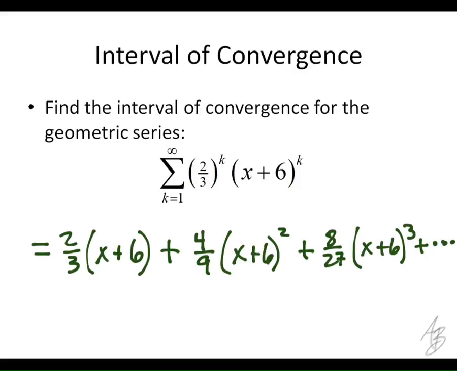Okay, so who can explain to me why this is a geometric series? So to go from one term to the next, you multiply by 2/3 times x plus 6. So to go from 2/3 times x plus 6 to 4/9 times x plus 6 squared, you multiply by 2/3 times x plus 6. Another way to look at this would be to rewrite this sum like this.